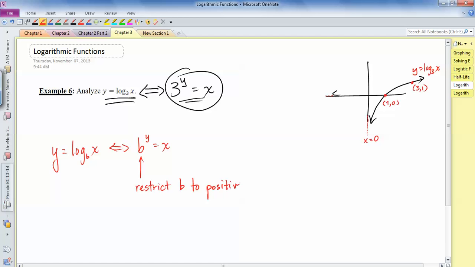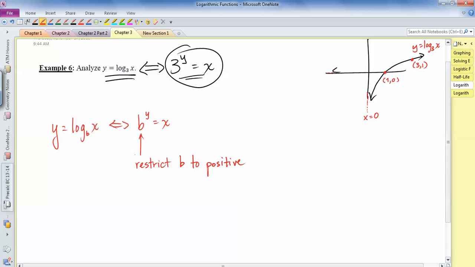Because if it was a negative number to the y or to the x, you get these messed up graphs that keep bouncing between positives and negatives. So it's customary to restrict b to positive numbers only.